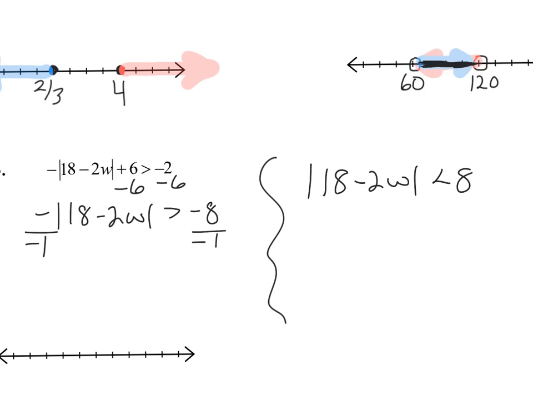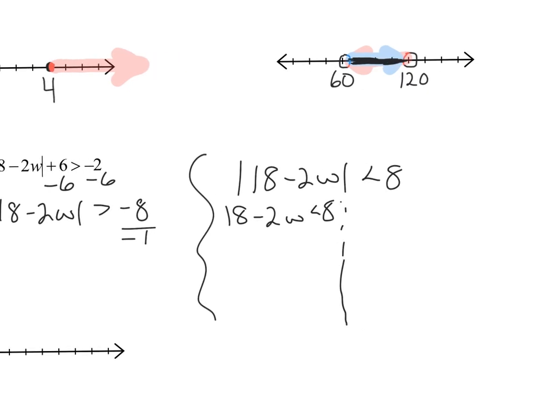Now it's isolated, and I can go ahead and solve for my w. So I've got 18 minus 2w is going to be less than 8. And then I've got 18 minus 2w is going to be greater than negative 8. Now, once again, I flipped the inequality because I made the 8 negative.